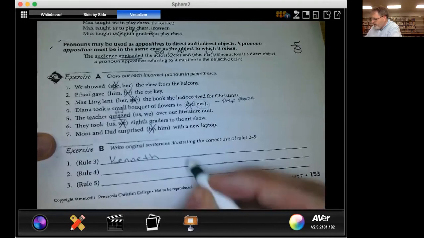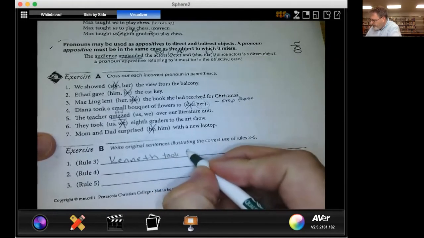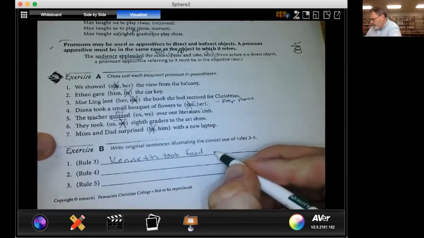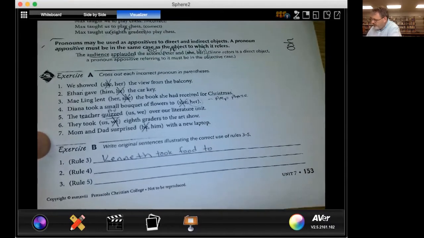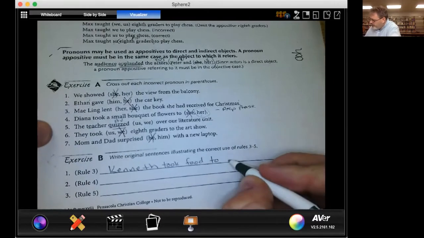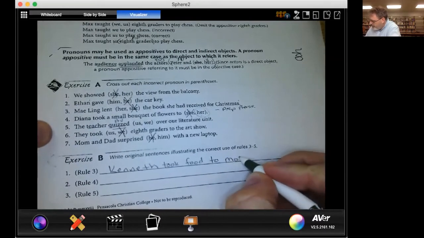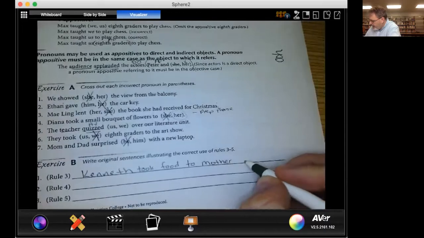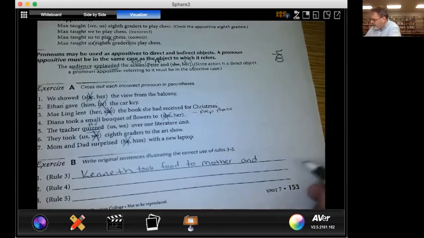Kenneth took food to, and 2 people. Who are the 2 people? Let's say to mother and her.